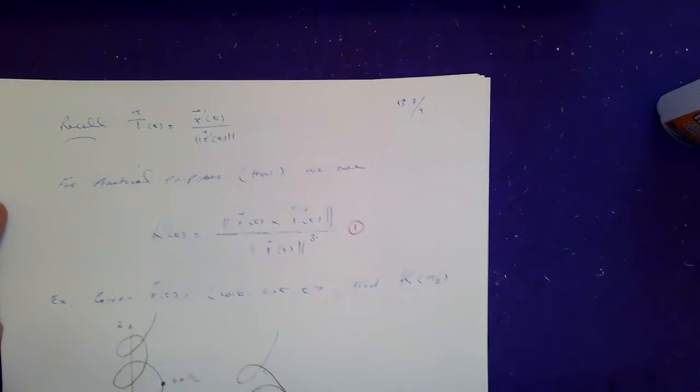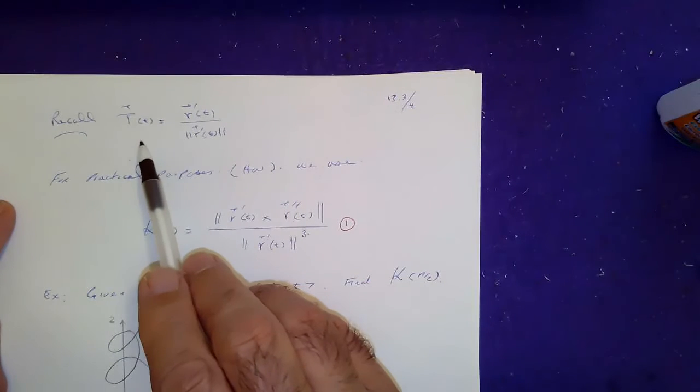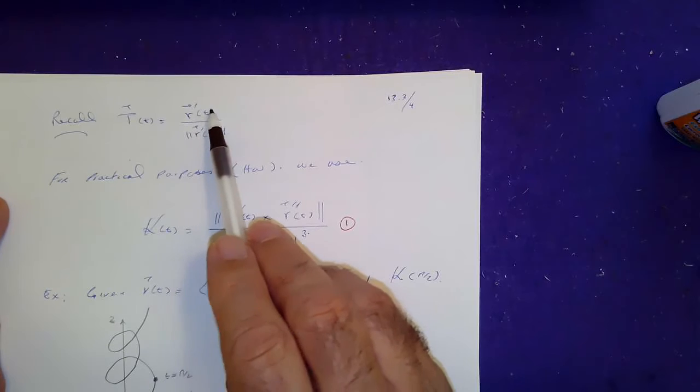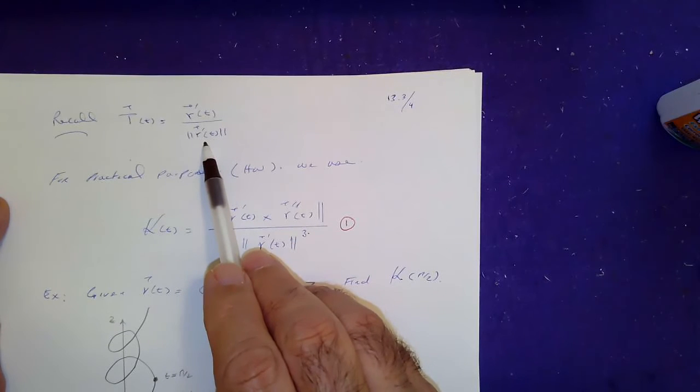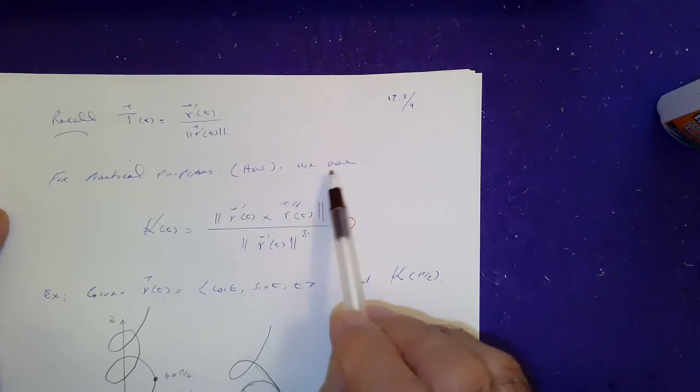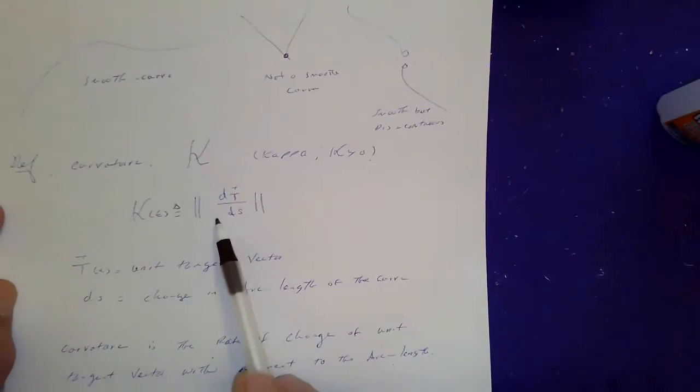Okay, remember what the definition of the unit tangent vector was. It was the derivative of the position vector divided by its magnitude. For practical purposes like homework assignments, we don't use this formula because it's hard to use.